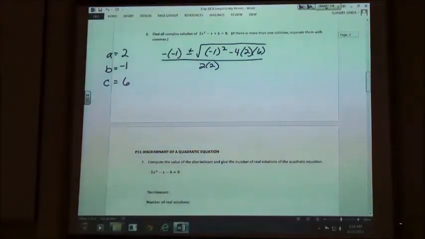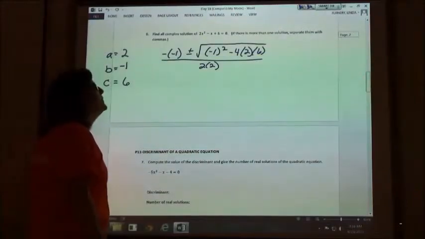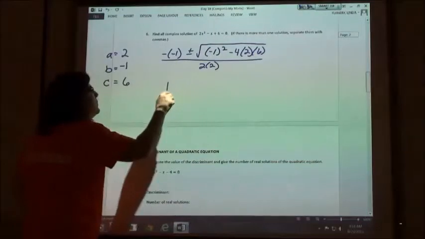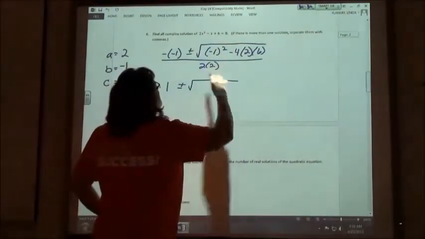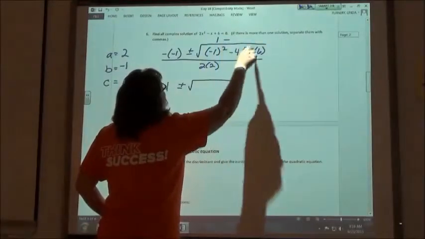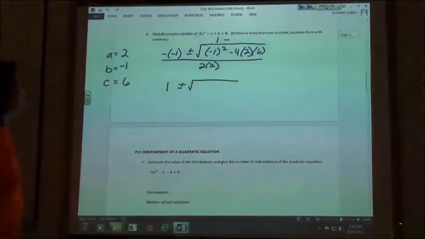So simplifying that, we are going to get 1 plus or minus the square root of 1 minus 4 times 2 times 6, over 4.